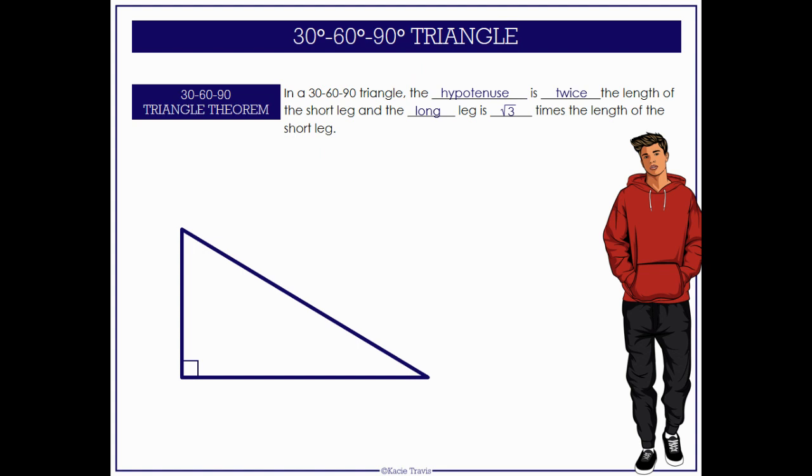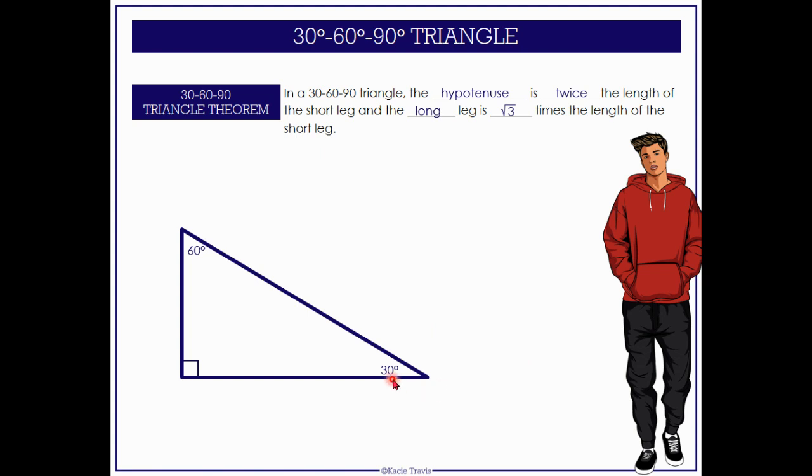So how do we identify what is the short leg, what is the long leg? If you remember from when we talked about triangles, certain side lengths are across from certain angles. So in a 30, 60, 90 degree triangle, we have these three angles, 30, 60, and 90. Now, for us to attach what the meaning is with these angles to these sides, our hypotenuse is across from the side with the right angle.